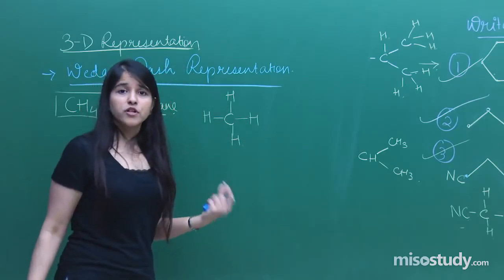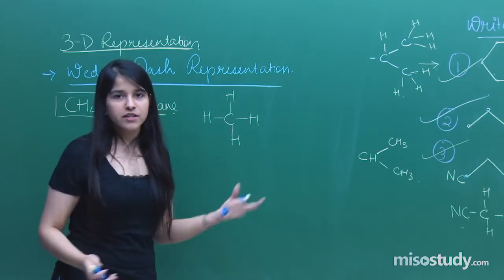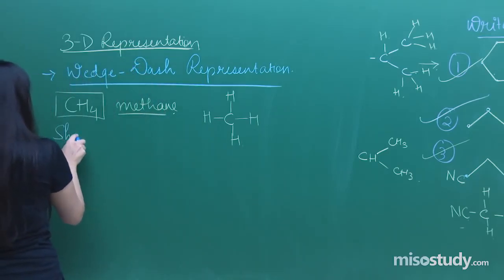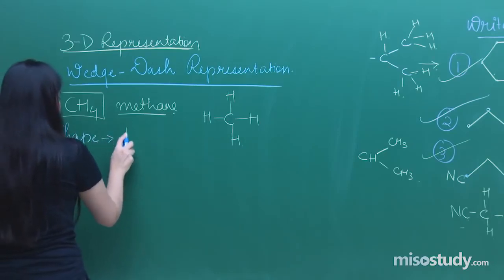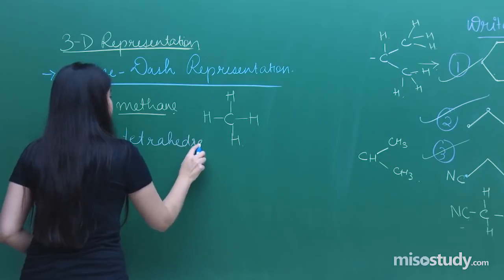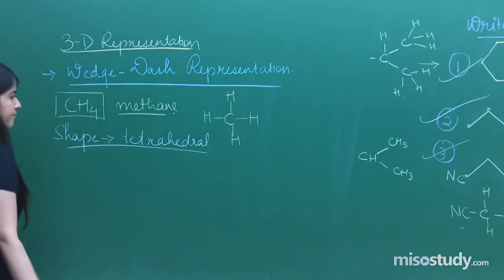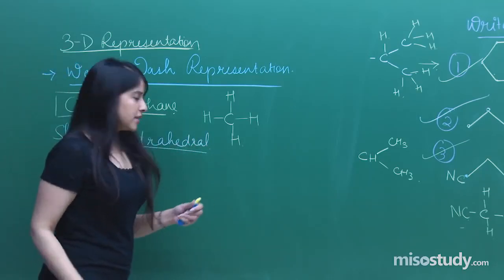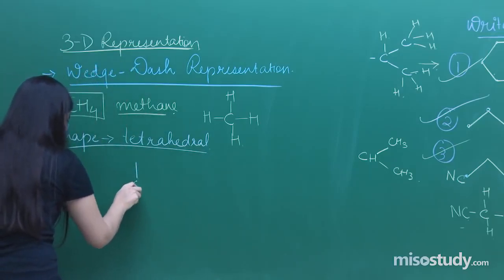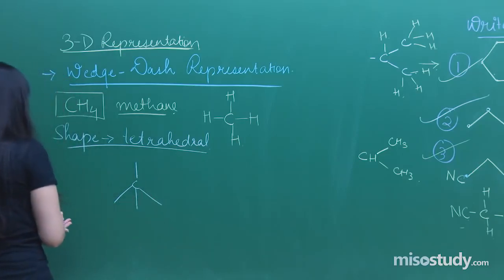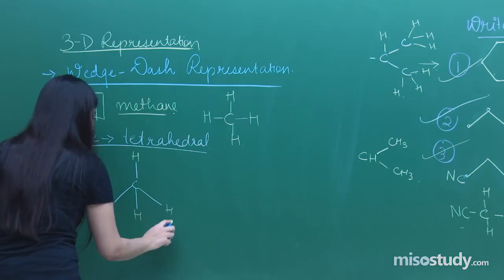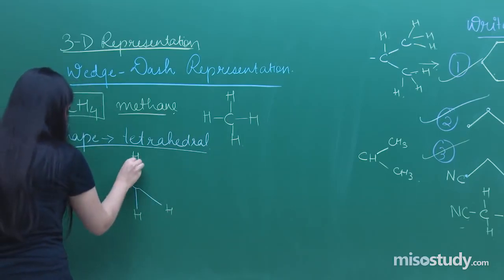And if you want a proper shape of the molecule, it is the tetrahedral shape. That means it will definitely be represented in 3D. So I have 4 hydrogens connected with this carbon in a 3D manner.